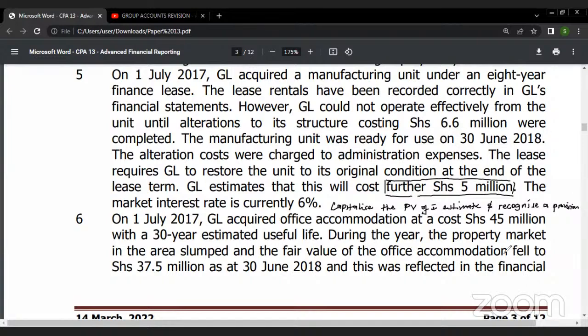That treatment is in accordance with IAS 37 and IAS 16 as well.